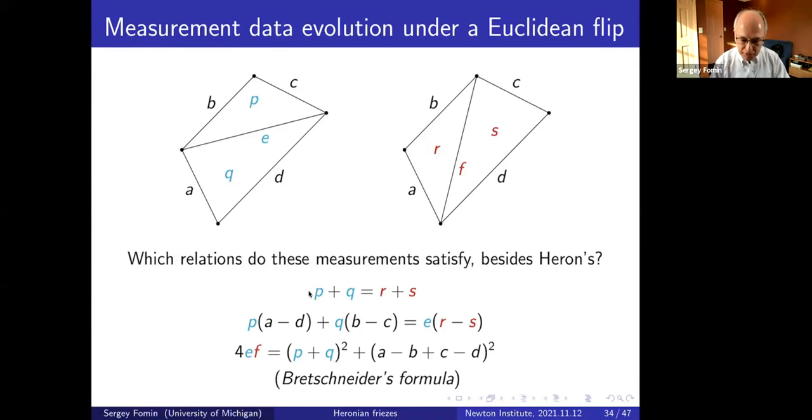E times F is equal to something. P plus Q is the area of the quadrilateral squared plus this strange thing, the square of the alternating sum. And remember, A, B, C, D are squared distances, not the lengths, but the squared lengths. Anyway, this is true. Okay, so from here we find F.